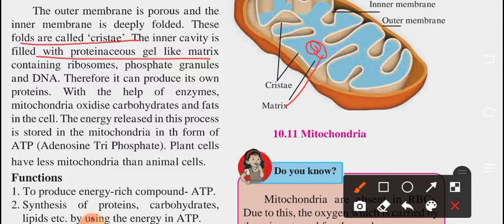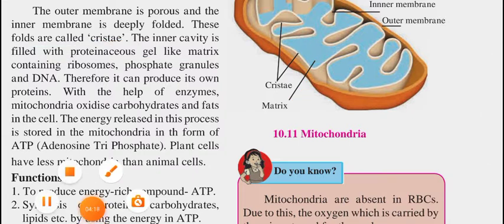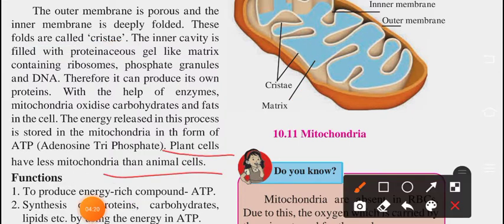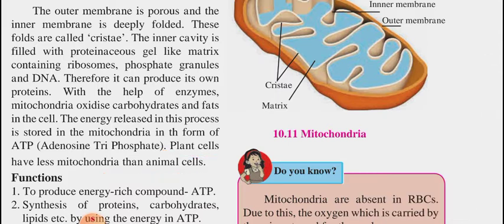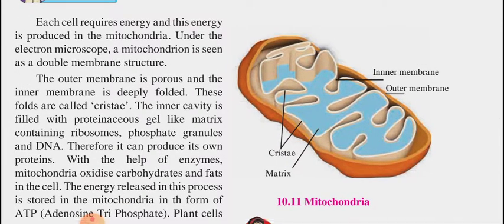There will be a question about the mitochondria level between plant cells and animal cells, which has more mitochondria, so we should know the answer. Compared to animal cells, plant cells have fewer mitochondria. Now we all know about the use of mitochondria.